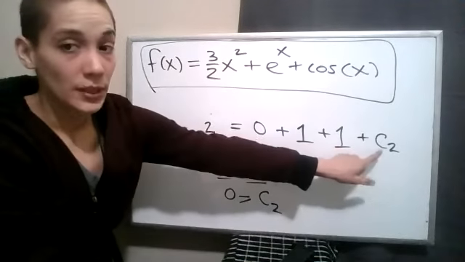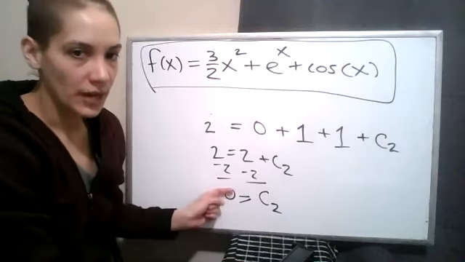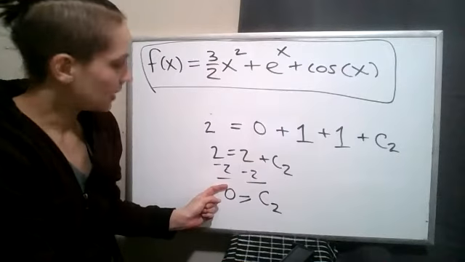So when you don't know what the constant is, it's called the general solution. When you find that constant, when you have an actual number value for it, it's a particular solution.